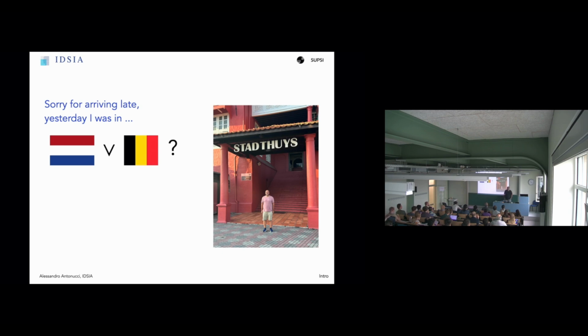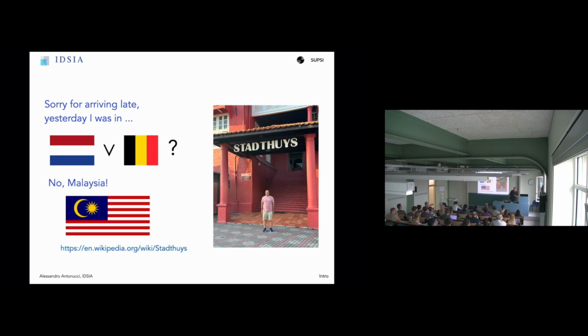Maybe it's old Dutch. You can say maybe I was somewhere here in Flanders or in the Netherlands. No. A better excuse, I was more far away, I was in Malaysia, but this picture is in Malacca, and there is something from the Dutch times. It's not Dutch, maybe it's old Dutch. But it sounds Dutch, no?